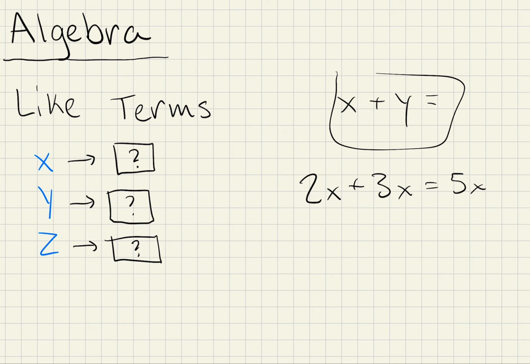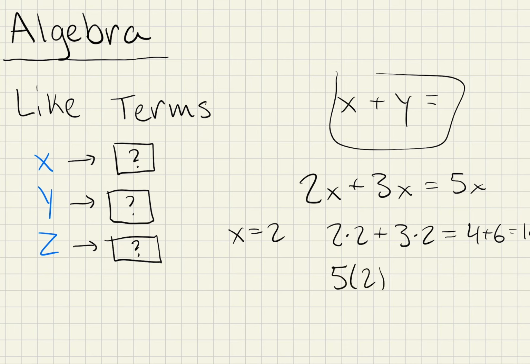And this might look a little confusing at first, but if we plug in a number here, let's say x is equal to 2, and we plug it in, then we have 2 times 2 plus 3 times 2, which is equal to 4 plus 6, or 10. And now if we go ahead and grab our 5x and plug this in, we see we also get 10.